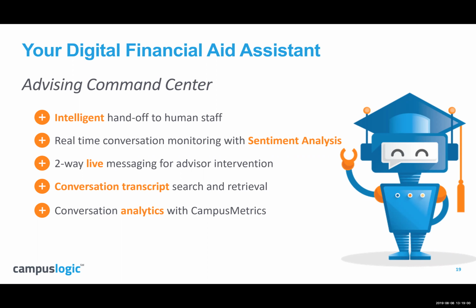So your staff can actually watch conversations that are occurring, and then we use AI that will determine the sentiment of that conversation. So you'll be able to filter by show me conversations where the student seems to be upset, or show me conversations where the parent seems to be confused. And then the human can actually intervene and join the conversation in a multi-chat scenario.